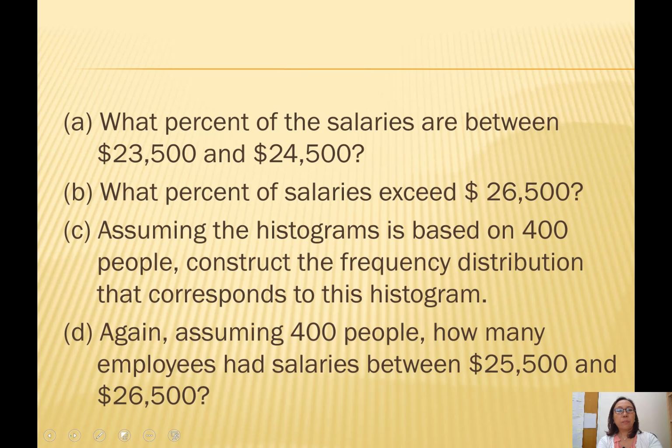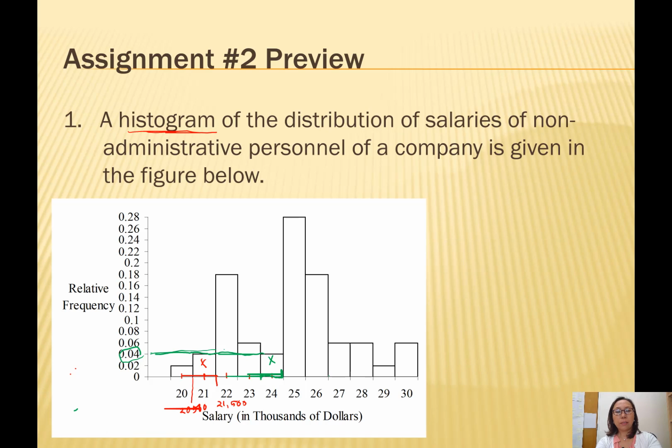The second question is: what percent of salaries exceed 26,500? Which is to say, what percent of people make salaries above 26,500? So we want to locate 26,500 right here. And the question is, what's the percent of all of these people here who exceed 26,500?